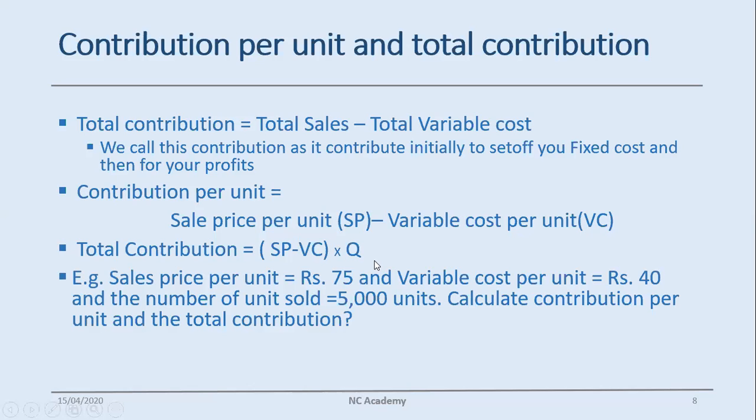Let's take an example. Sales price per unit is rupees 75, variable cost per unit is rupees 40, and the number of units sold equals 5,000 units. Calculate contribution per unit and the total contribution. First, your sales price is 75 and variable cost per unit is 40, so your contribution per unit is 35.